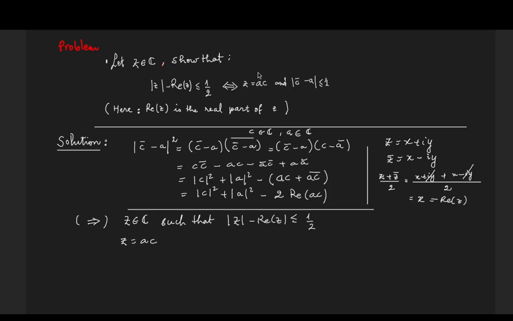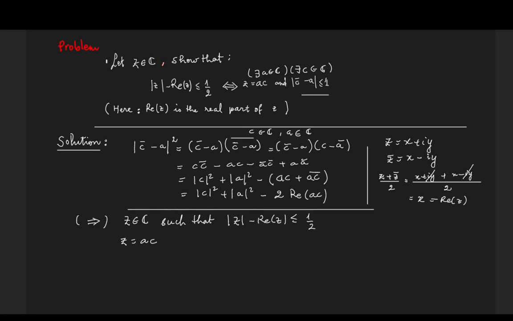The equivalence says that there exists a and there exists c in the complex set, so that we have these two relations. So let's find some condition on a and c so that this inequality holds.